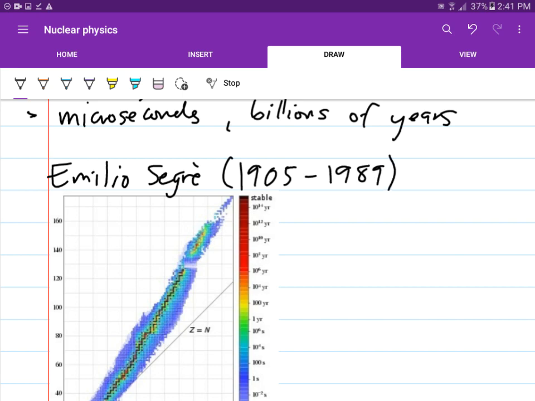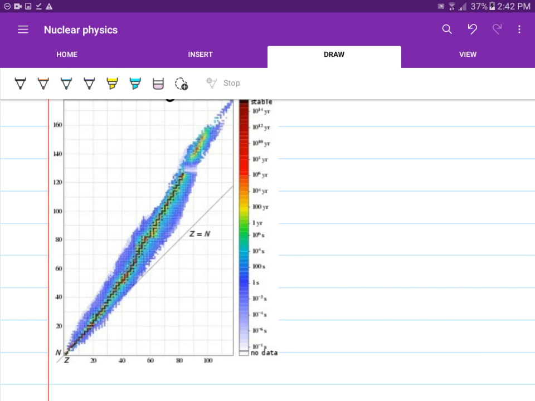During his time, he invented a chart wherein the x-axis is the number of protons, which is Z, and the y-axis is the number of neutrons, and you have this line of Z equals N here.